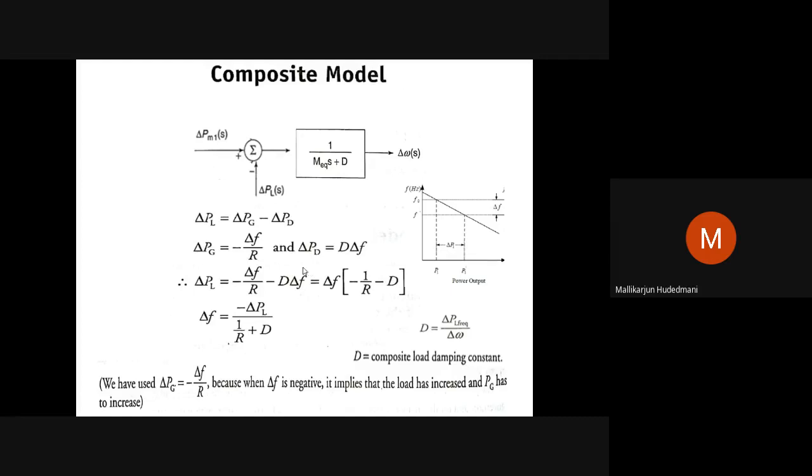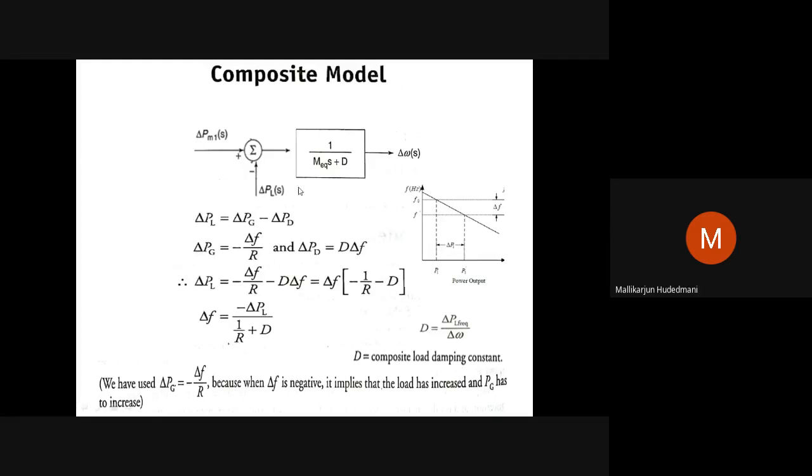So delta F, the change in frequency experienced by a certain area on a change of load, is given by delta F equal to delta PL divided by 1 by R plus D. Later, we represent this denominator by a constant beta. This beta is called the area frequency bias. We'll see that in the next slides.